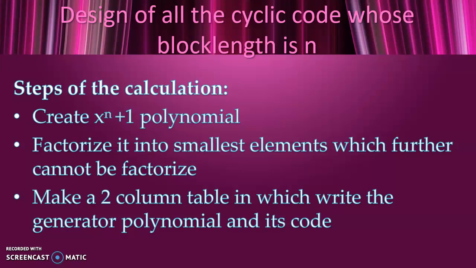So if the highest degree of a polynomial is 3, and n is given as 7, then we can say n minus k equals 3. So from that we can calculate k also. In this way, the (n,k) cyclic code will be calculated. So for any given n value and a given generator polynomial, we can easily calculate the values of n and k, and then the code.